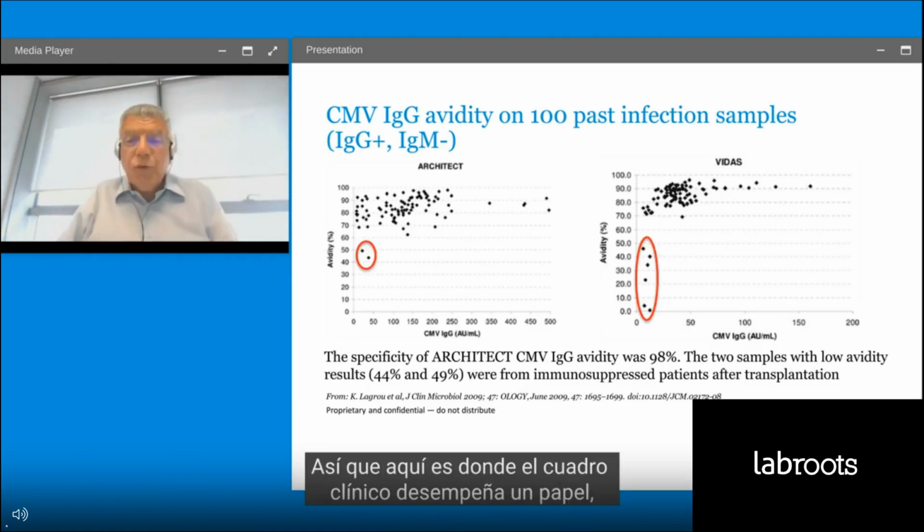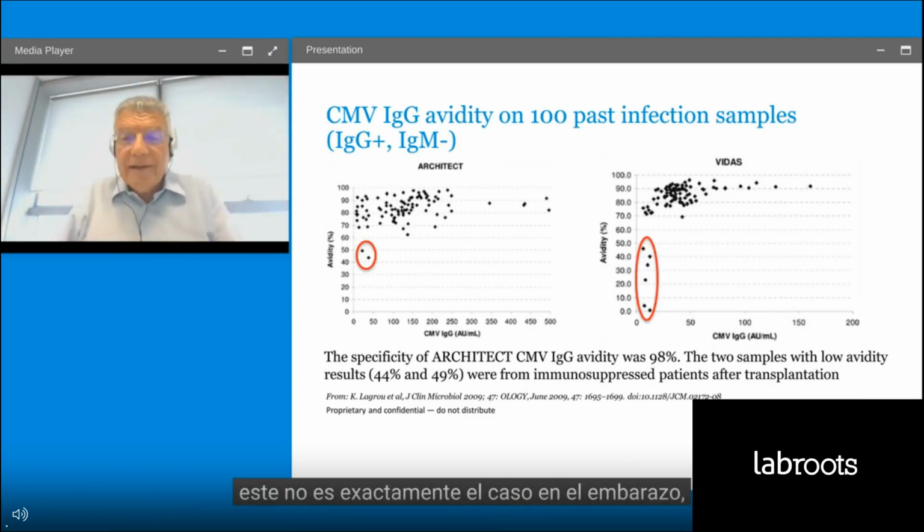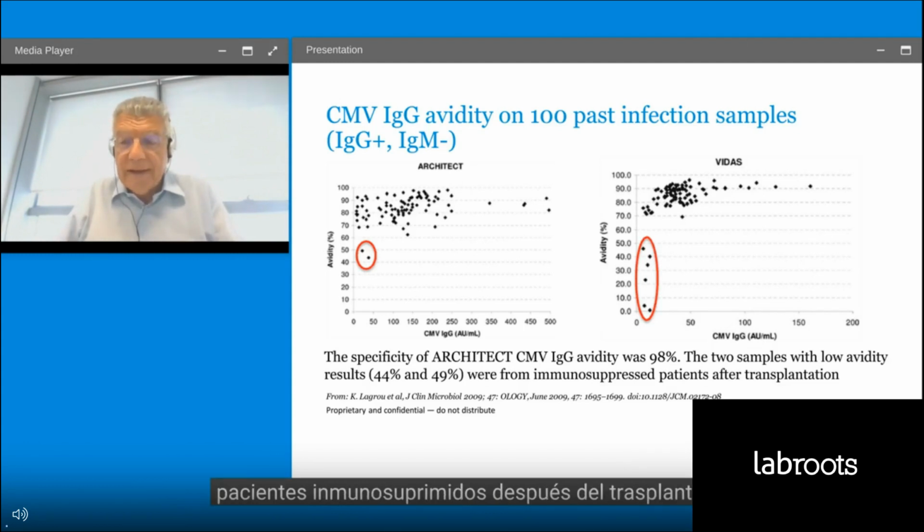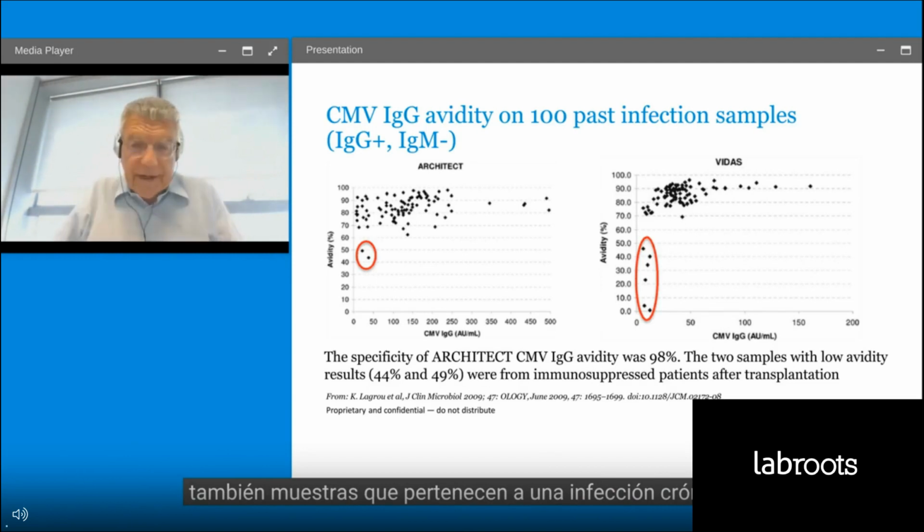So this is where the clinical picture does play a role. This is not exactly the case in pregnancy, but if you look at special groups, such as in this instance, immune-suppressed patients after transplantation, you may find a low CMV IgG avidity also on samples that belong to a chronic infection.